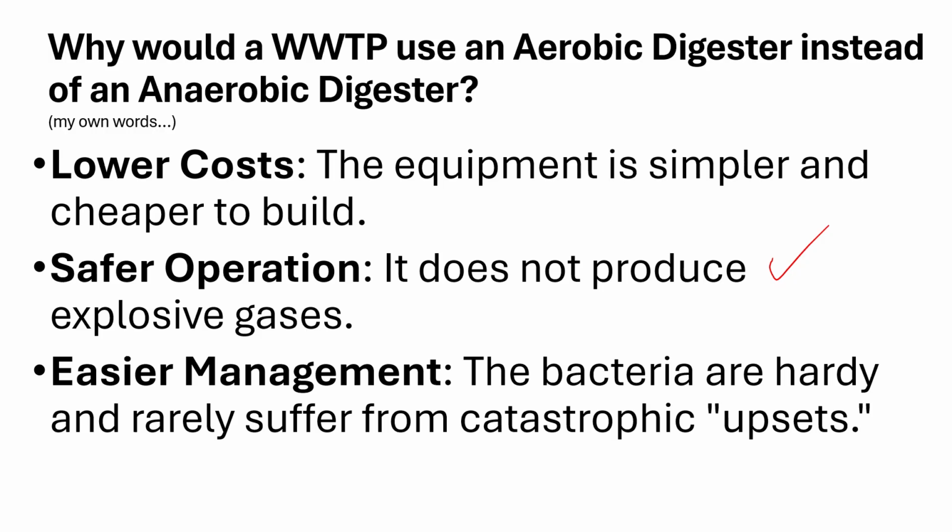They're pretty healthy and they can withstand temperature range shifts and all sorts of things. You're not going to see the level of upsets you could cause yourself as you would in an anaerobic digester. So these are some of the reasons we would look to use an aerobic versus anaerobic digester, okay?